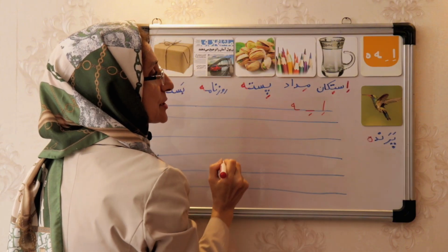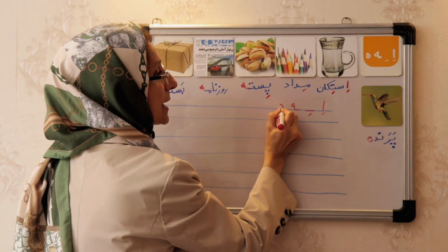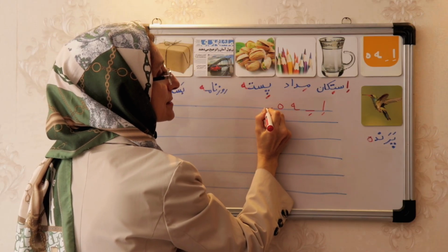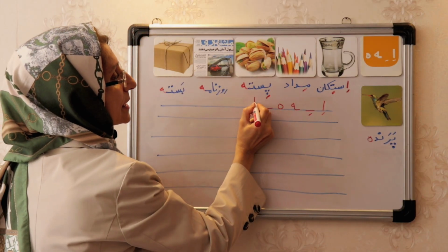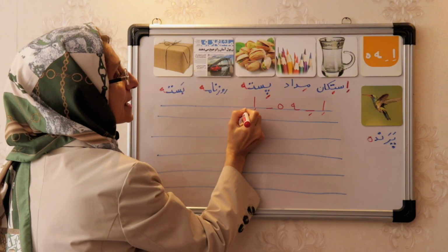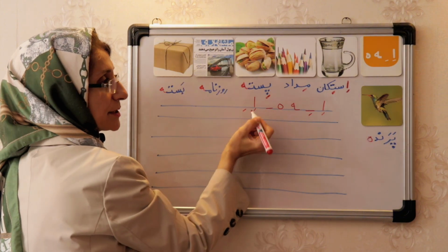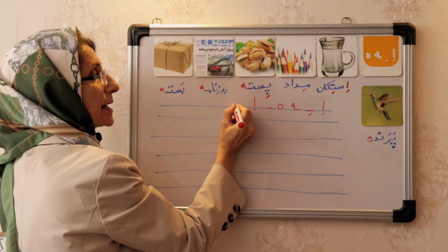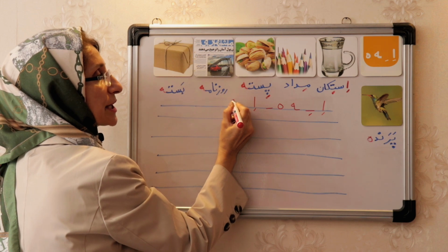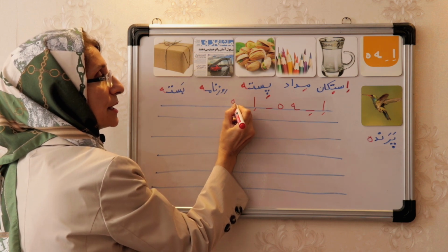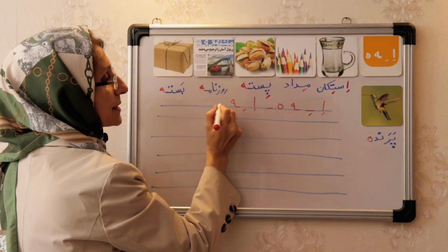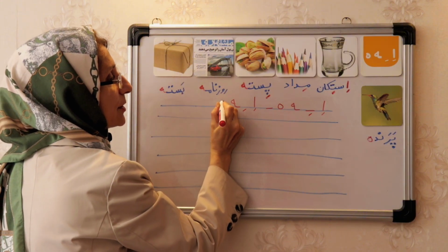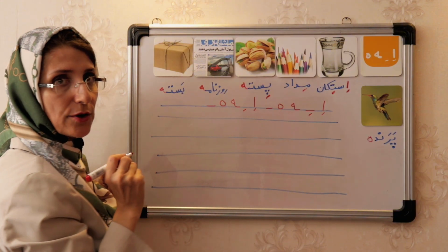A آخره چسبان and A آخره تنها. A اول A وسط. Look at here. Go up, return back, a very beautiful triangle here and A آخره تنها.